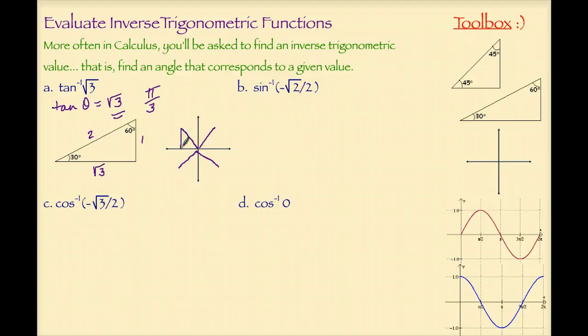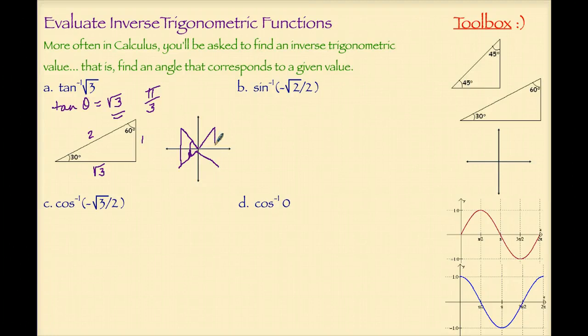Well, let's look in the second quadrant. If this is your angle and tangent is opposite over adjacent, you would have a positive value over a negative value. That's a negative tangent value. If you look at the third quadrant reference triangle, you would have, in reference to this angle, opposite over adjacent, negative over negative. So in the third quadrant, tangent is also positive.